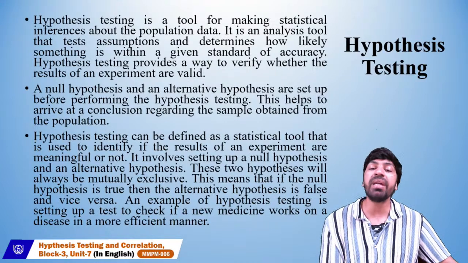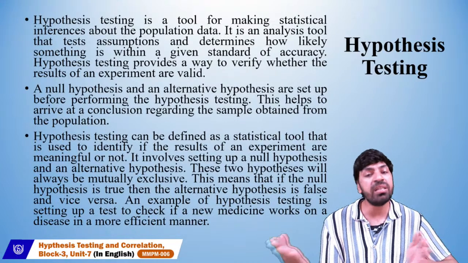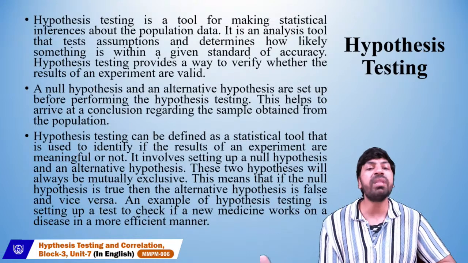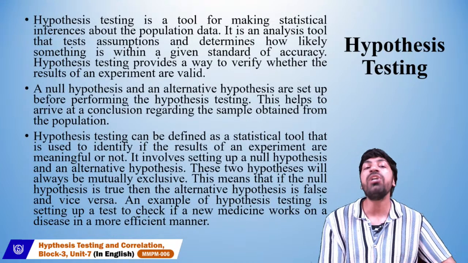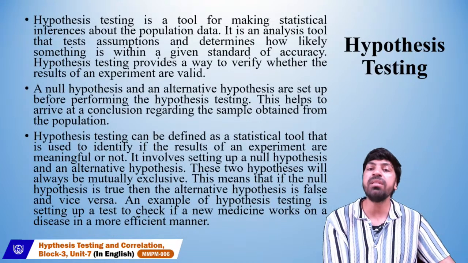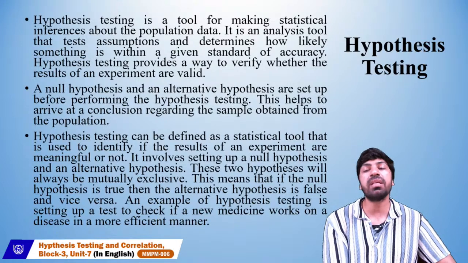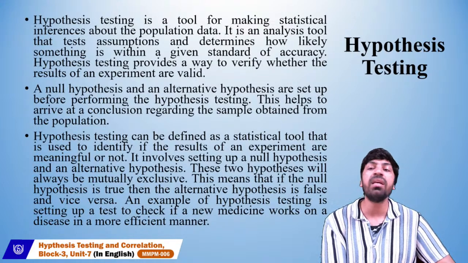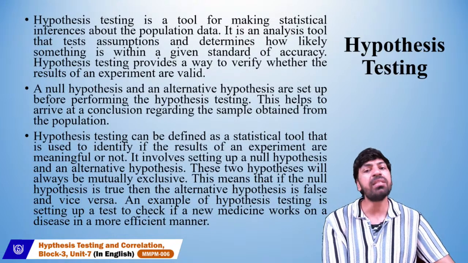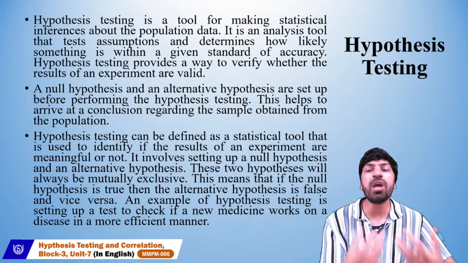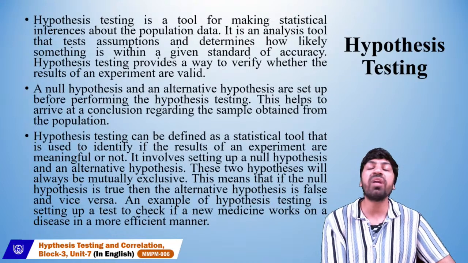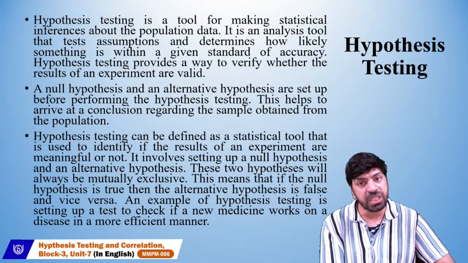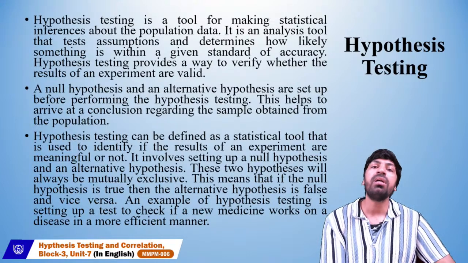That means such statements are to be prepared, and once we have formulated these hypotheses, it is time to test the hypothesis using a statistical test. It could be the t-test, the chi-square test, or the correlation test. So this testing always helps to reach a meaningful conclusion regarding the samples which have been obtained from the population data.